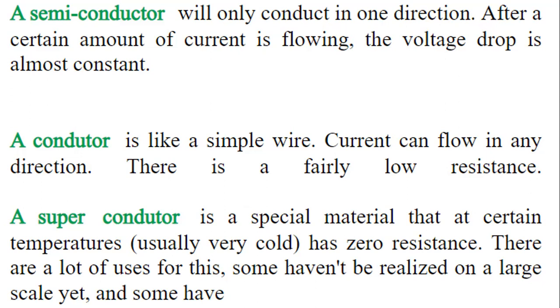In a conductor you will find that the resistance is low, right? And when we talk about a superconductor, it is a special material at a particular temperature. When I say a particular temperature, here we are referring to a cold temperature, that is, low temperature, and it has zero resistance.